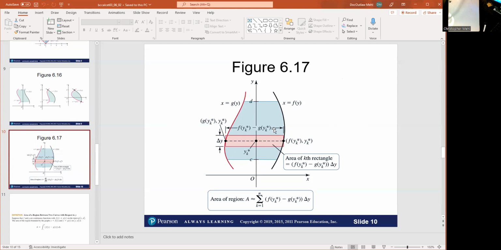What I'm going to do is chop the y interval, c to d, into subintervals, and we're going to do equal subintervals again.